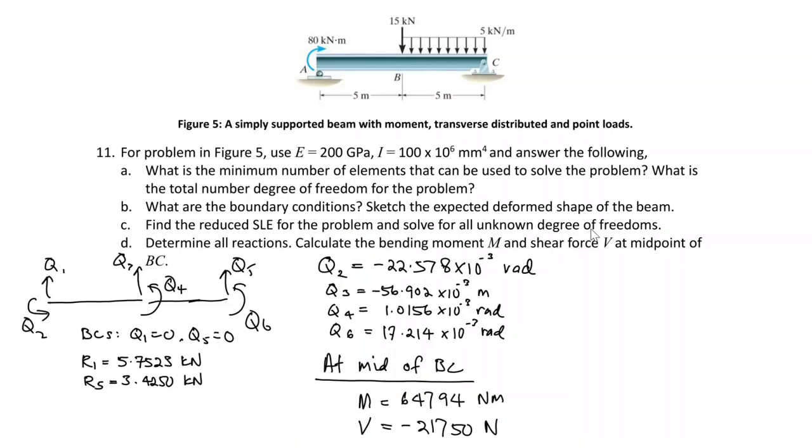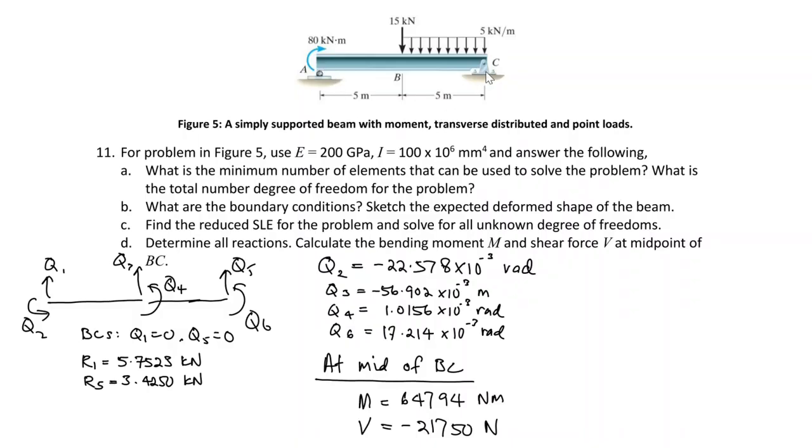In this case, the unknowns are Q2, Q3, Q4, and Q6, because Q1 and Q5 are boundary conditions. Q1 is a roller support, which means there's no vertical displacement.